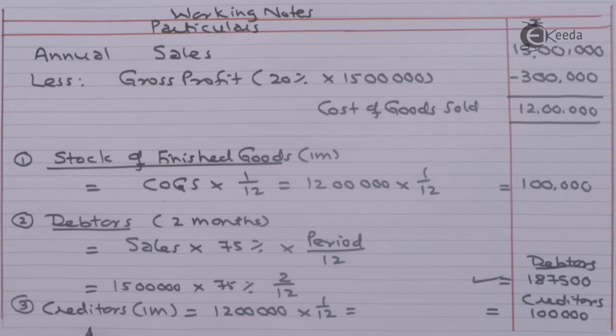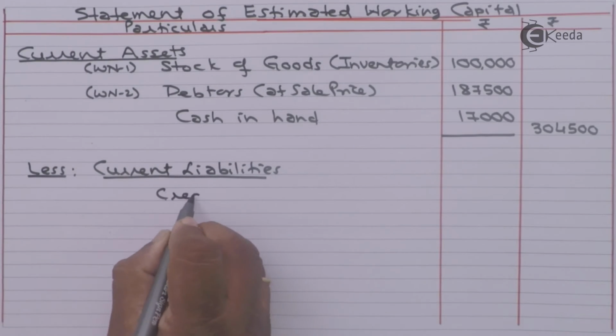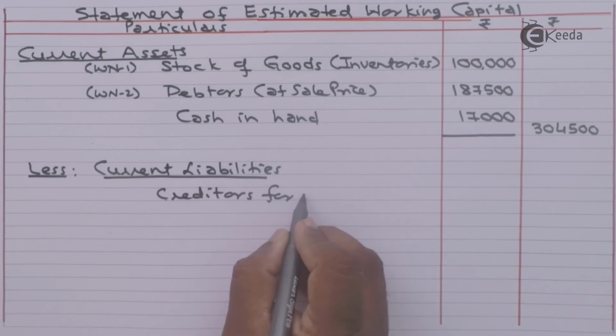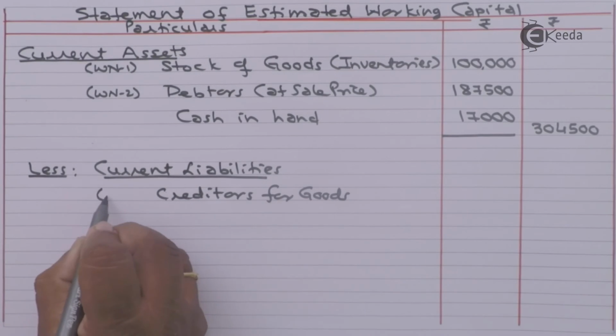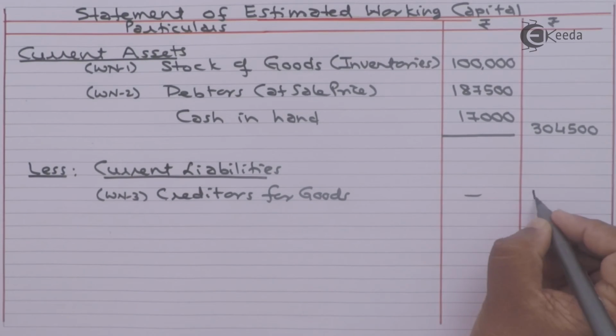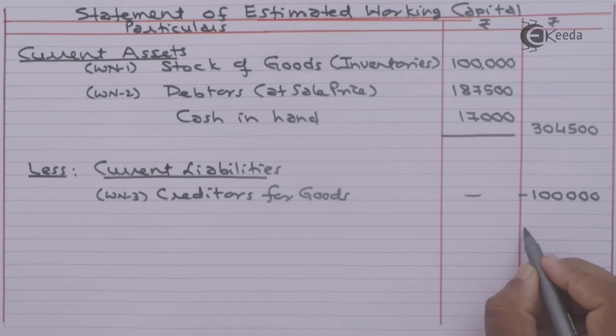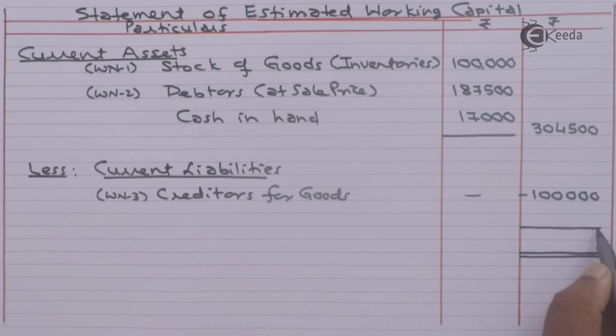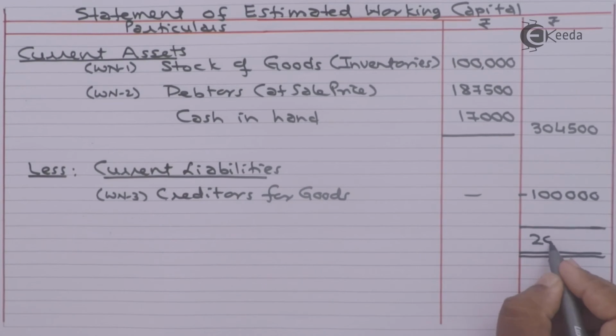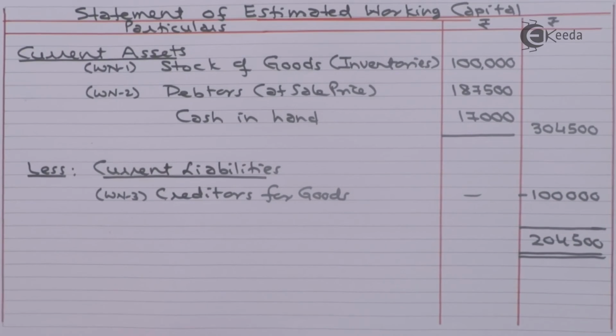We have calculated creditors as per working note number 3, rupees 1 lakh. 3,04,500 minus 1 lakh, 2,04,500. This is the amount of net working capital required.